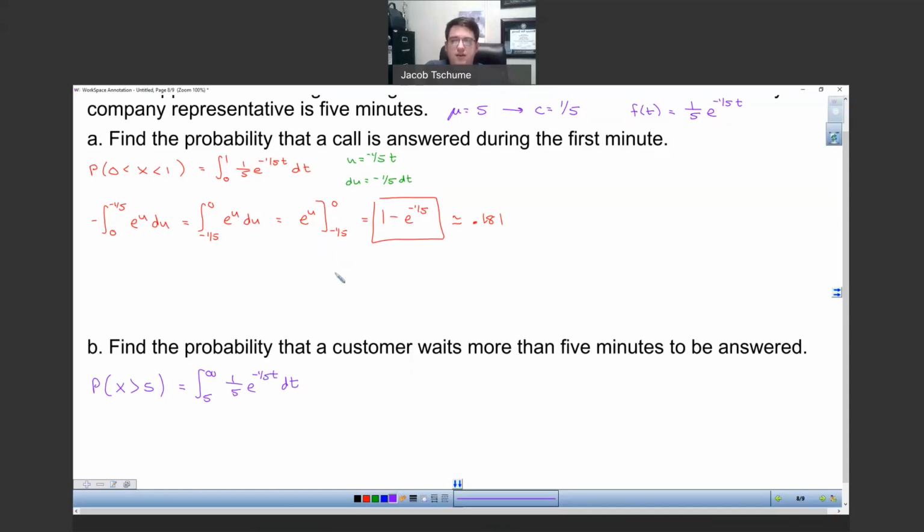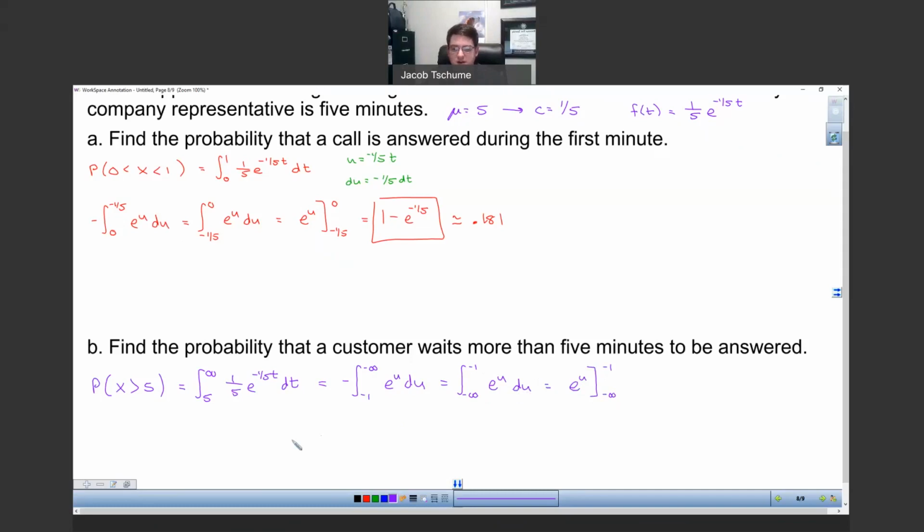If you go through the process of doing the same u substitution, you just need to change your parameters this time. This would be the negative integral, and that actually will be from negative 1 to negative infinity of e to the u du. Flipping your parameters around will give you the integral from negative infinity to negative 1 of e to the u du. That integrates into e to the u, which we're going to evaluate on the parameters on the next step.